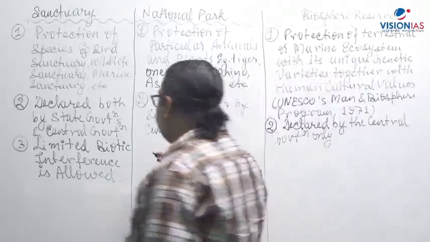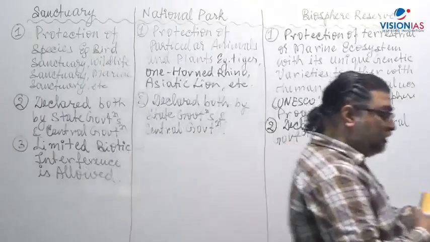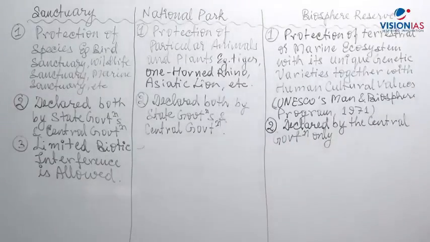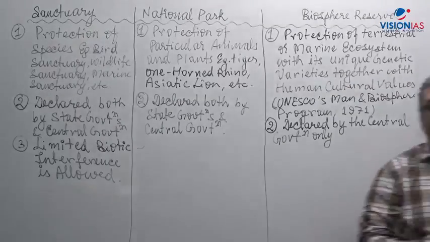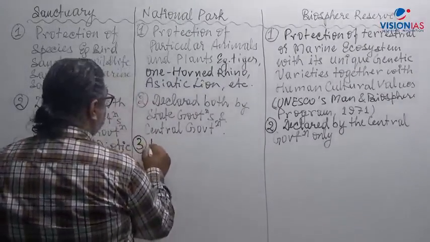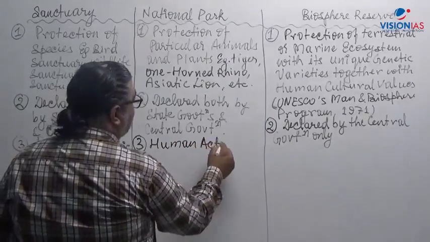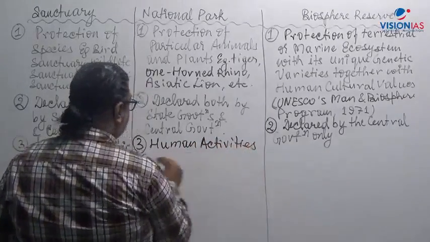So the third point in the national park is that human activities are controlled, and human economic use activities are prohibited.